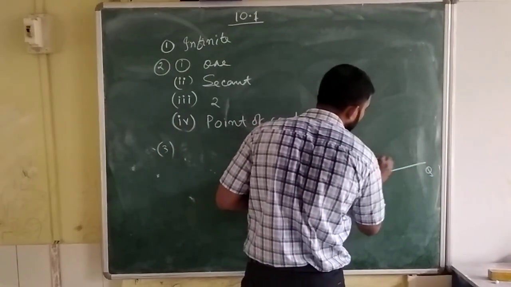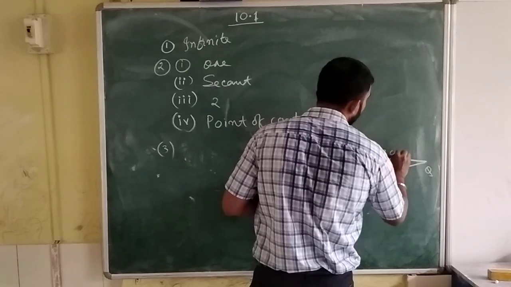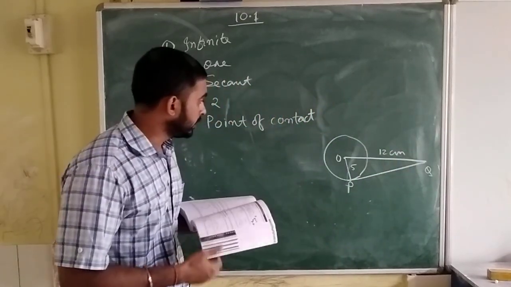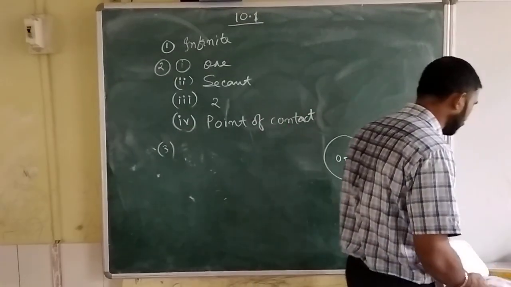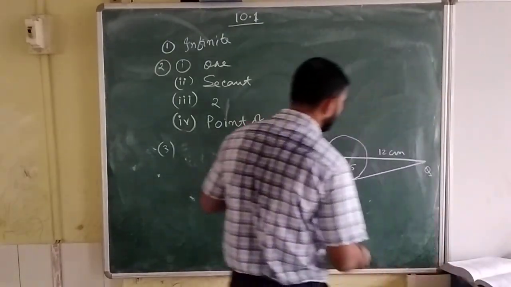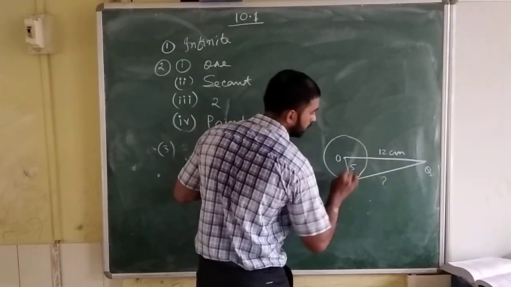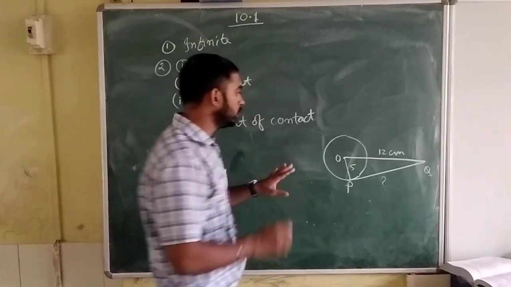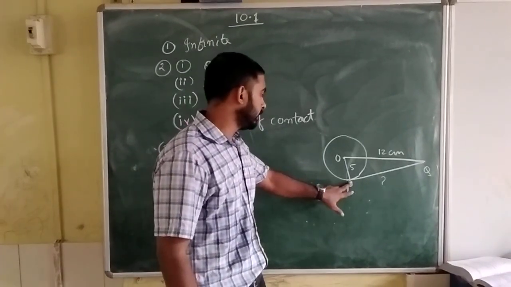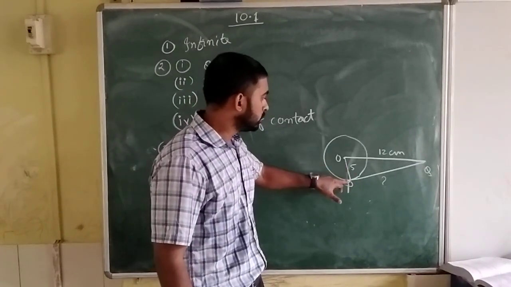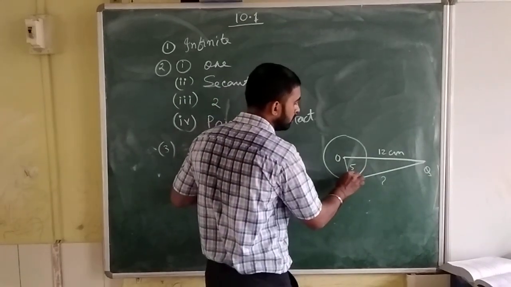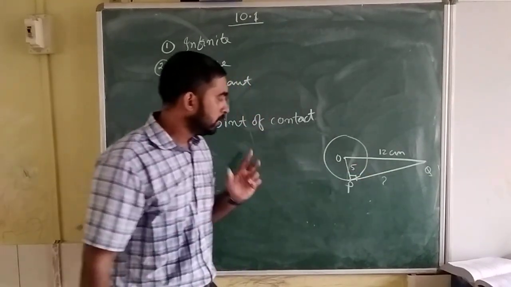OQ equal to 12 cm. So find the length of PQ. What is the length of PQ? This is unknown. Now we know that this is the point of contact and this is the center. So this angle is how much? 90 degrees.